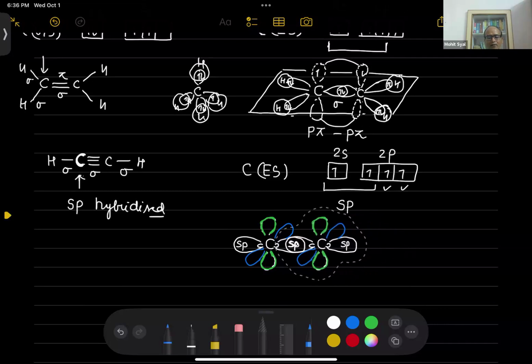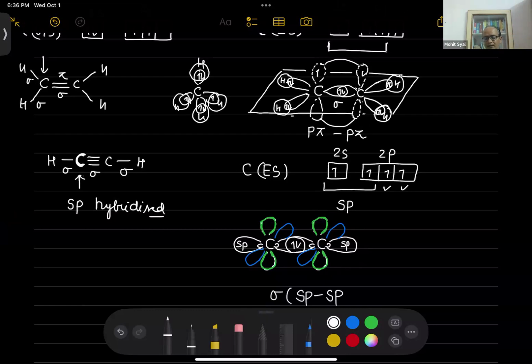The white lobes overlap head on. Is it clear? So this is a sigma bond, formed by the sp-sp overlap. Nabila, is it clear or not? Yes.